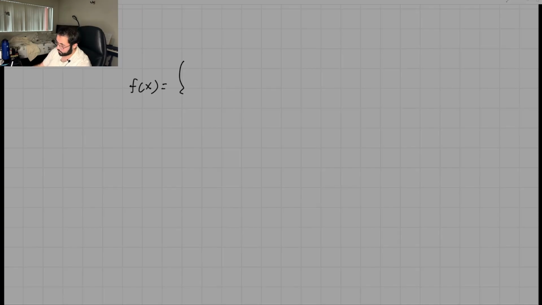So we have one part of the domain where the function is defined as 1 minus x, and this is only valid if x is less than or equal to -1. And then the other part of our domain is equal to x squared, and this is only true if x is greater than -1.